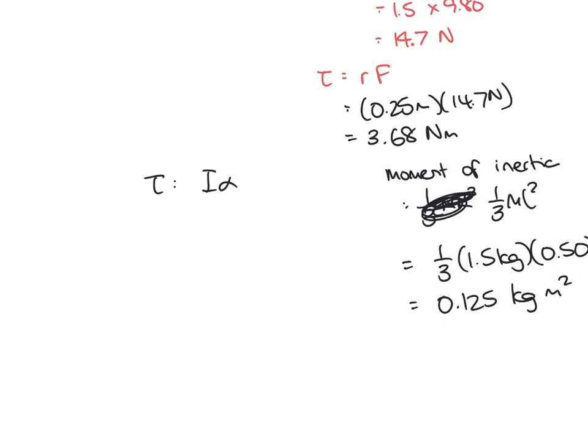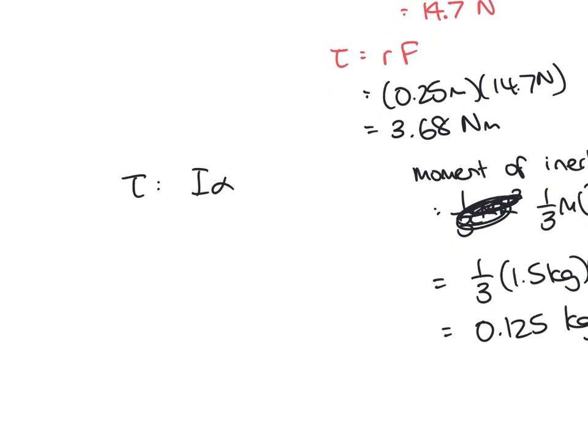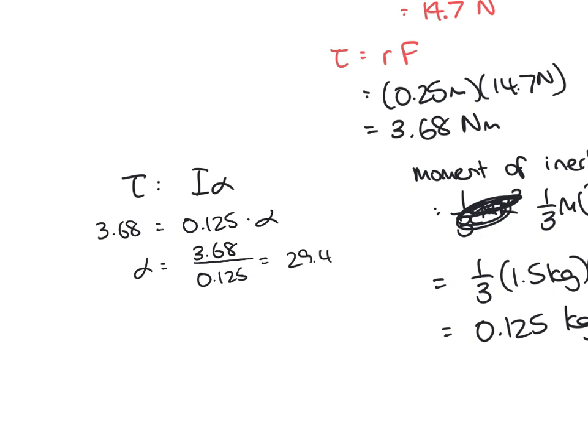So therefore, if I plug this back in, 3.68 is my torque, is 0.125 times the angular acceleration. The angular acceleration is therefore 3.68 divided by 0.125, which is 29.4 radians per second squared.